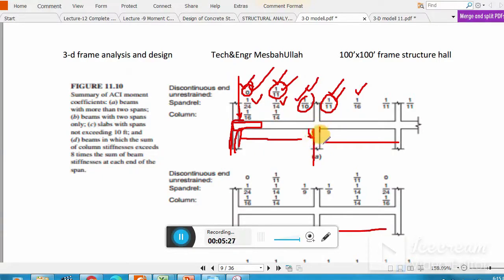Only for this. And here again the same shear, that is WuLn divided by 2. So this is the only point where the shear is 15% more.